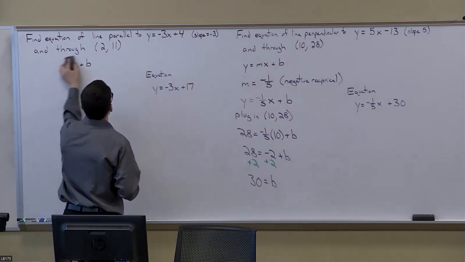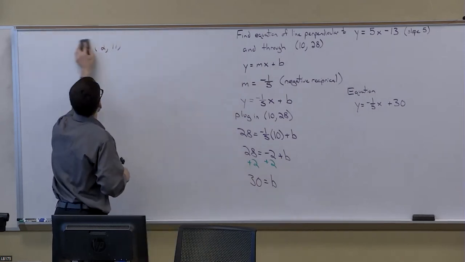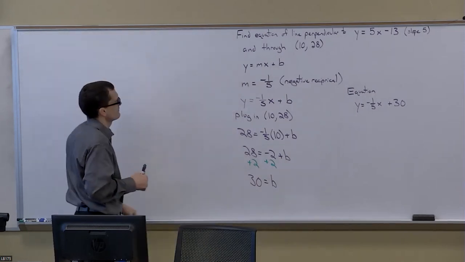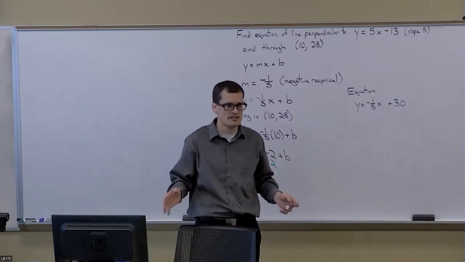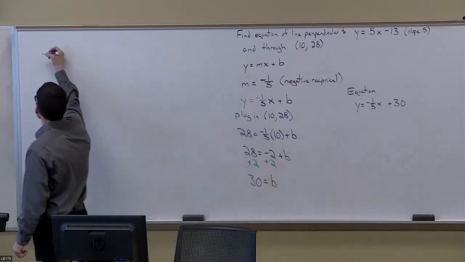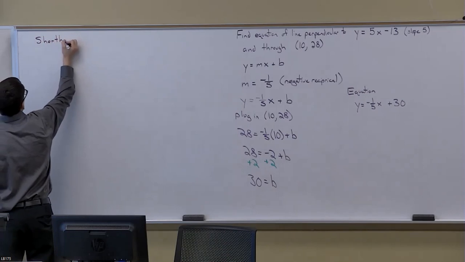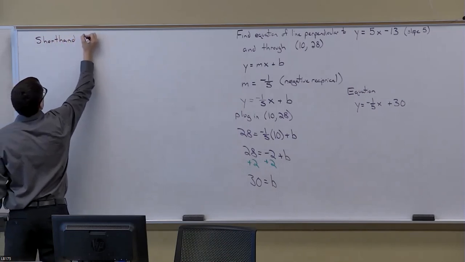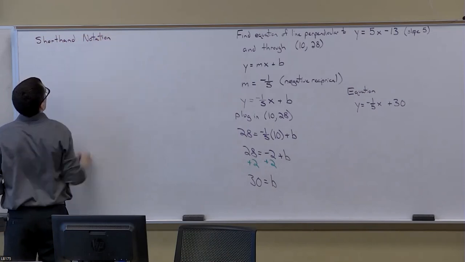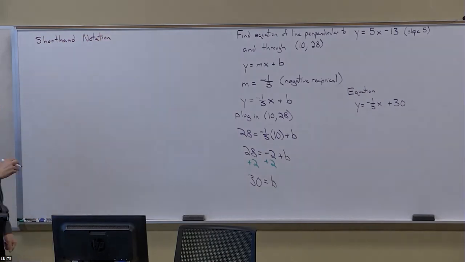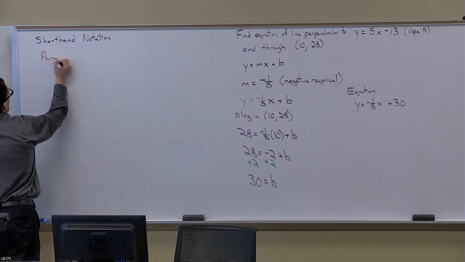One thing I do want to make note of, and I haven't yet because you don't need this, but I'm going to give it to you anyway. Oftentimes, there is shorthand notation that you're going to see for parallel and perpendicular lines.